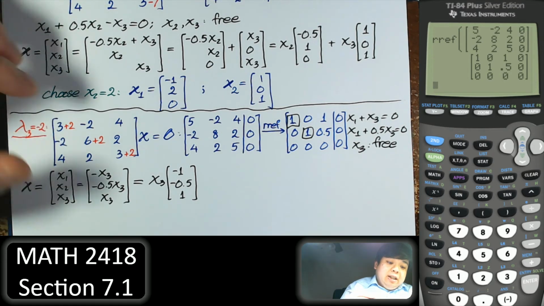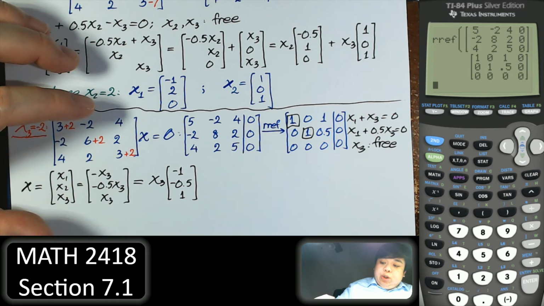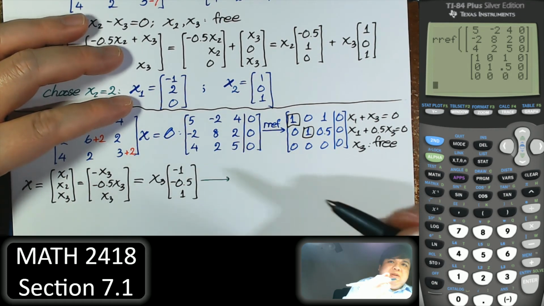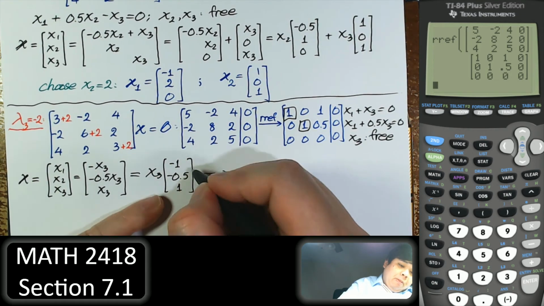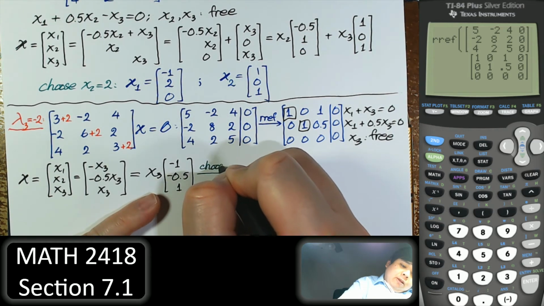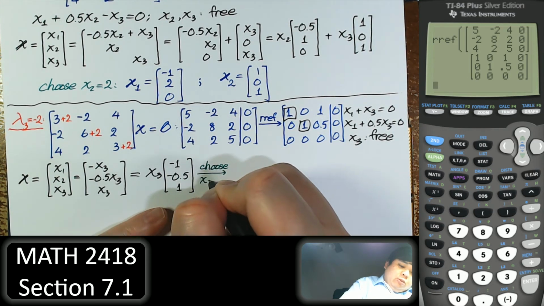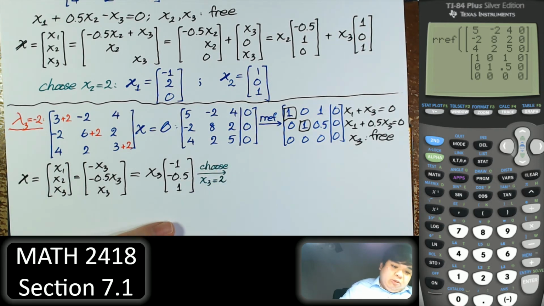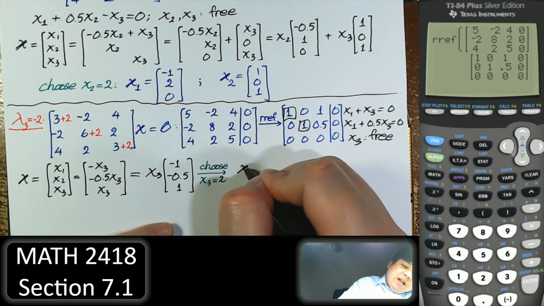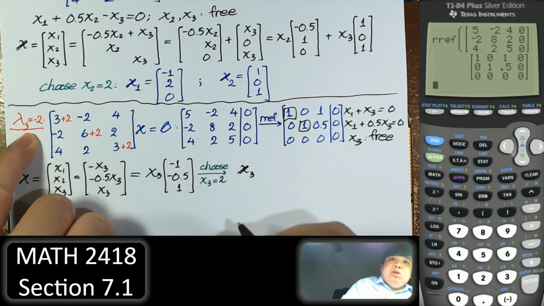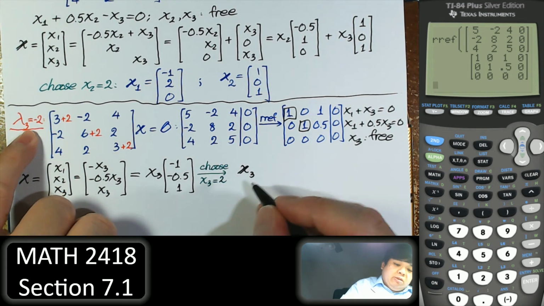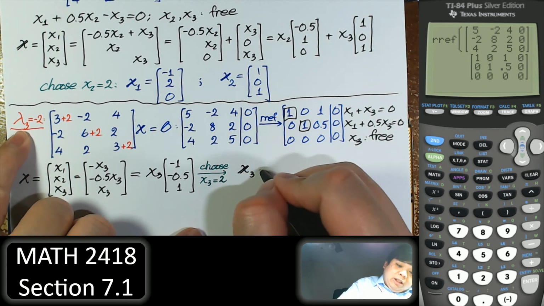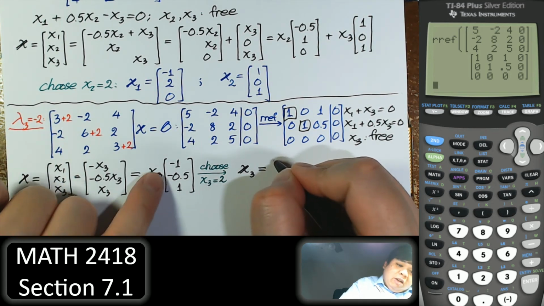Now it's easy. We have to deal with the fraction. We could even choose negative if we want to, but I just choose x3 to be 2. That's enough to take care of the fraction. This one corresponds to the eigenvalue of -2, so multiply everything by 2.